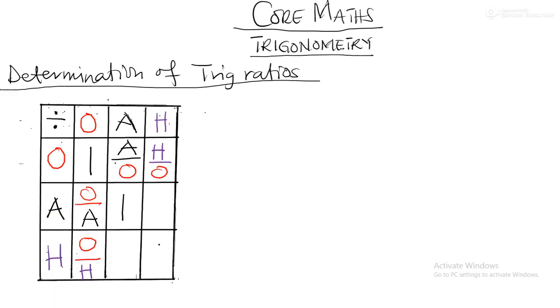This one will give us 1, H divided by H. This one is A divided by H. Then this one we are going to have H divided by A.